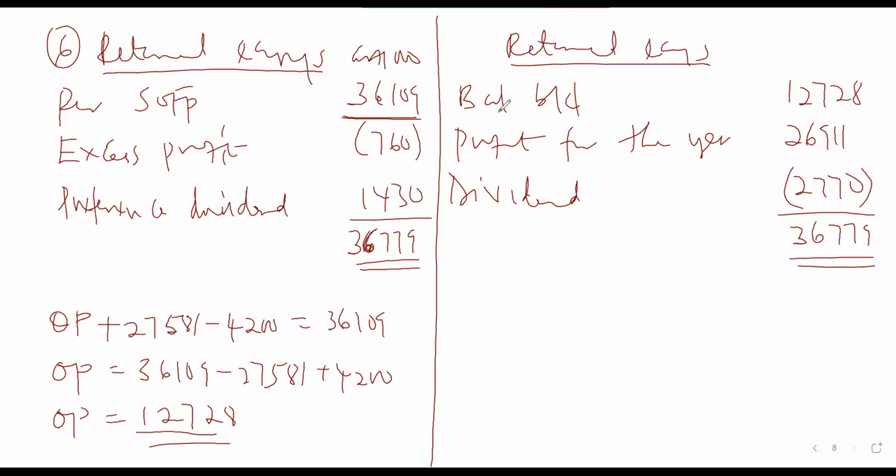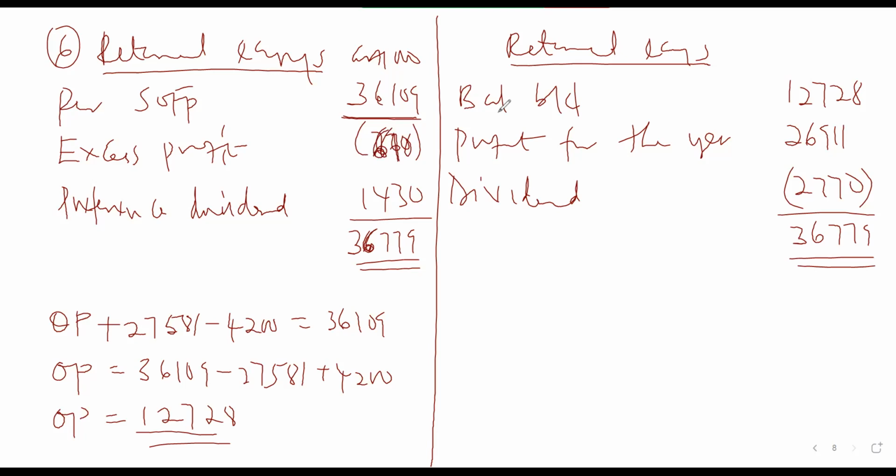I said the mistake is with the excess profit. It is 670 instead of the 760 that you have written.